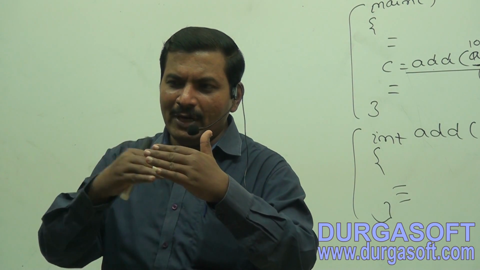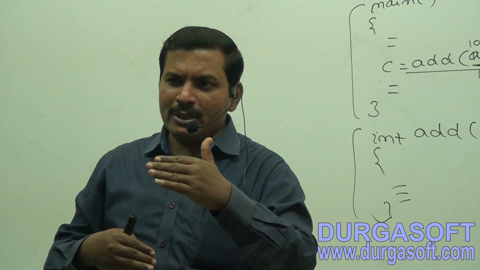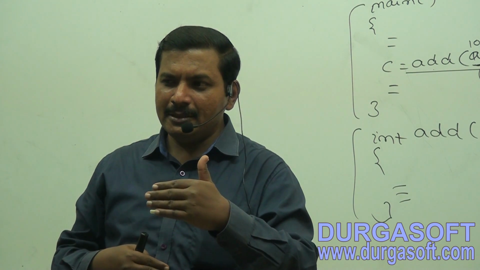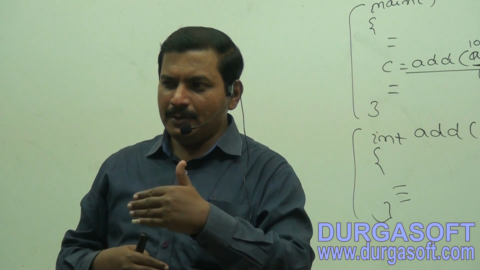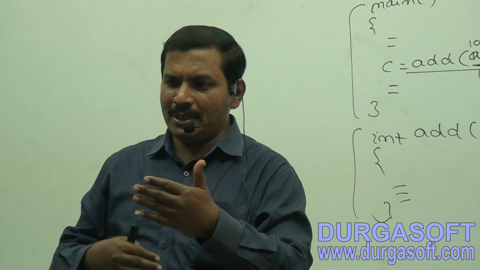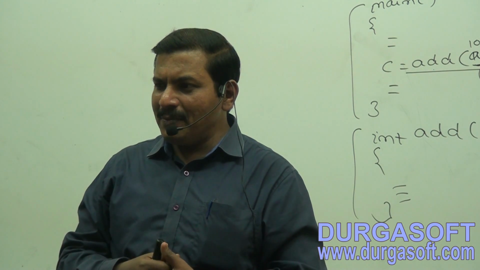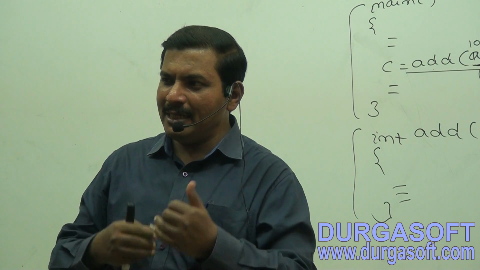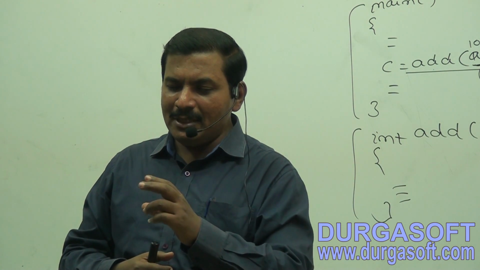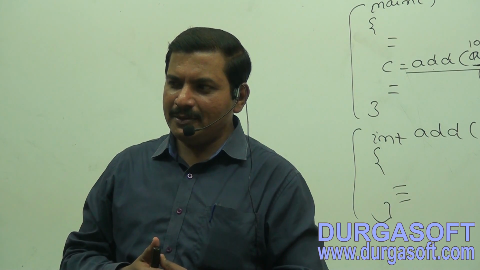The RAM is divided into 4 segments: data segment, stack segment, program segment, extra segment. Like this, 4 main segments will be there. Heap segment. One of the segments is the stack segment.